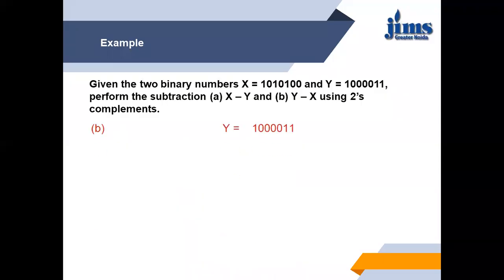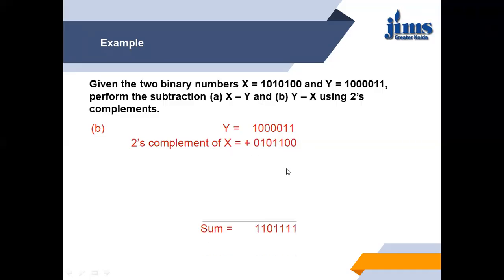Now suppose the second case, we have to calculate Y minus X. So here we just take the 2's complement of X and add it to Y. Here is the 2's complement of X, obtained by taking the 1's complement and then adding 1 to it. So the 2's complement of X is 0 1 0 1 1 0 0.